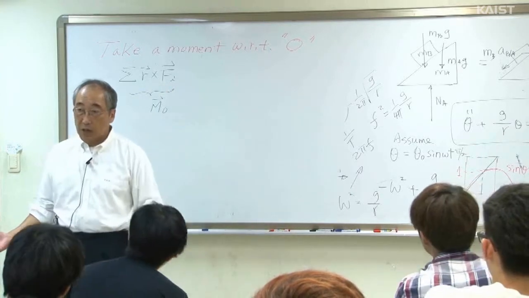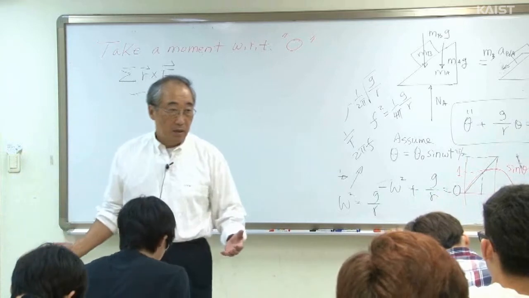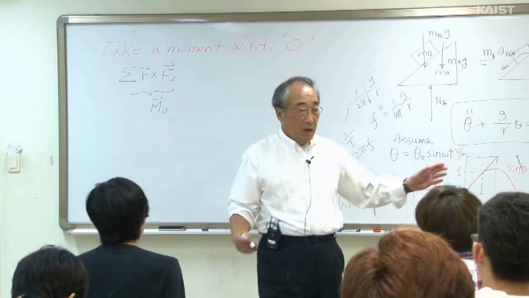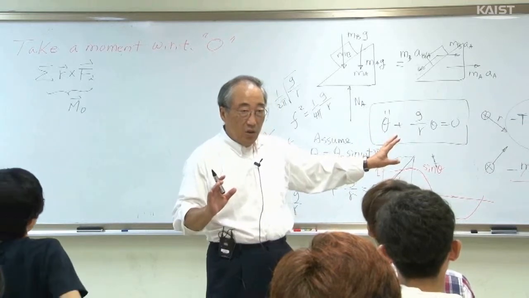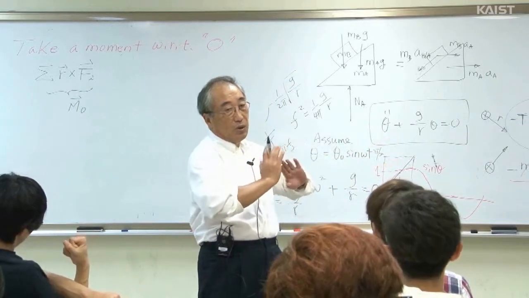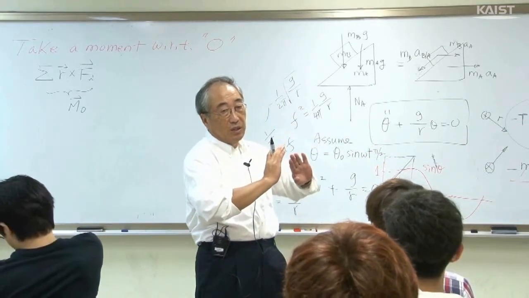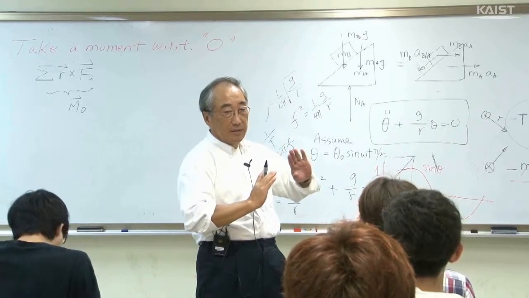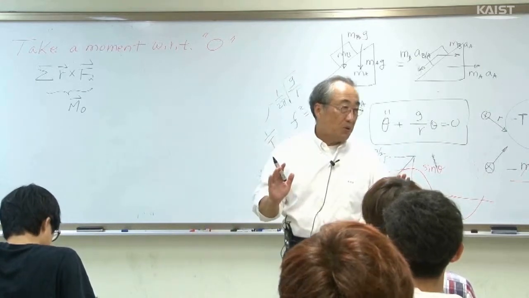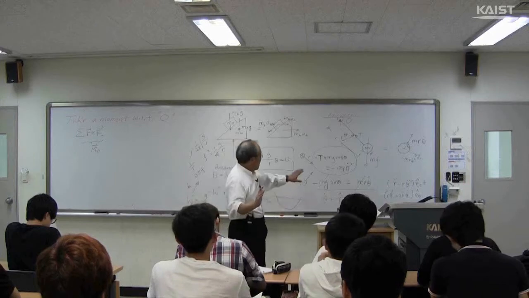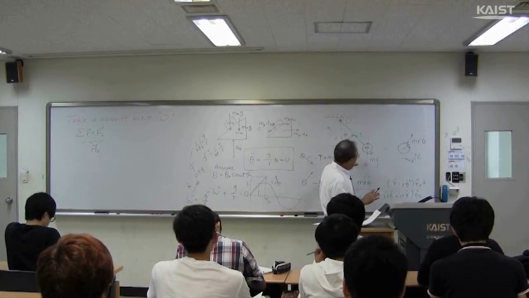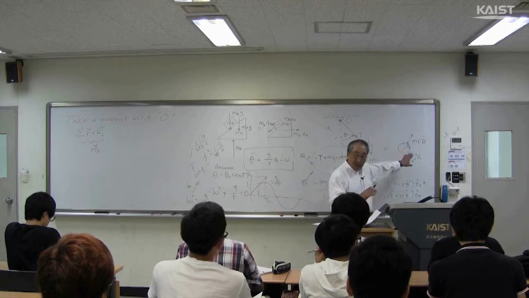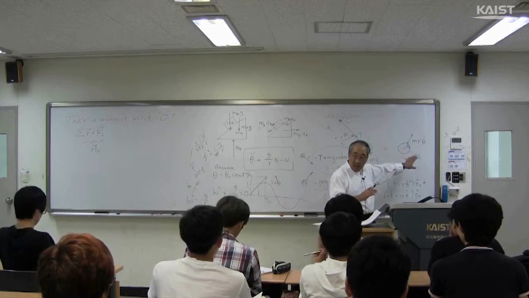And you learned about the moment, right? Up to now, we saw all the vectors according to a two-dimensional coordinate. But because those are vectors, Newton's second law is simply expressed as vector equals vector. Right?